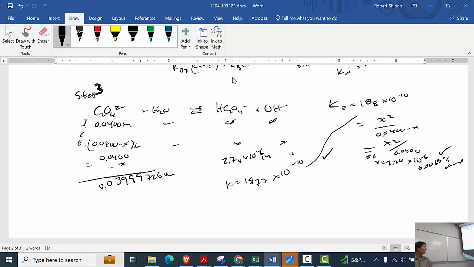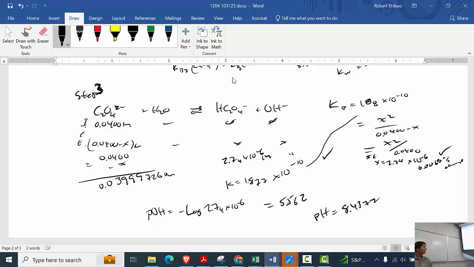Checks out. All right, so what I'm going to do, I'm going to calculate the pOH. It's going to be the negative log of the hydroxide, which is going to be 2.74 times 10 to the minus 6. That's 5.562, and therefore the pH is 14 minus that, 8.4377.